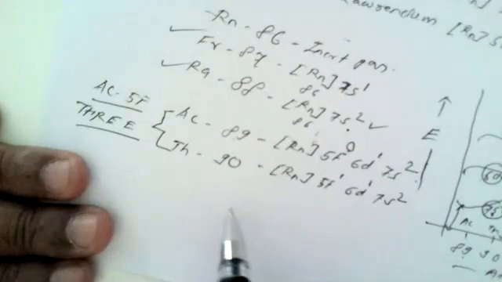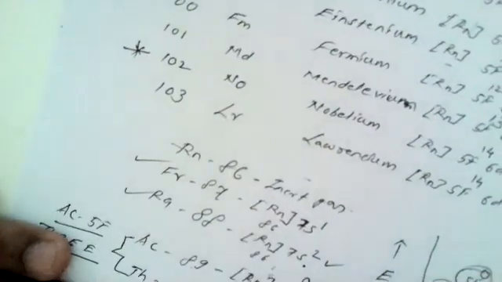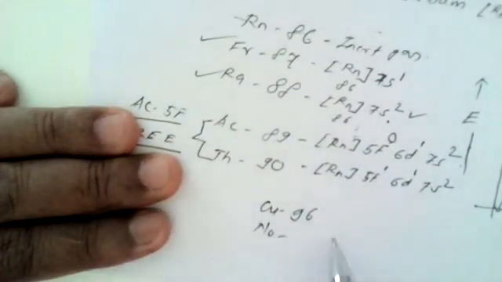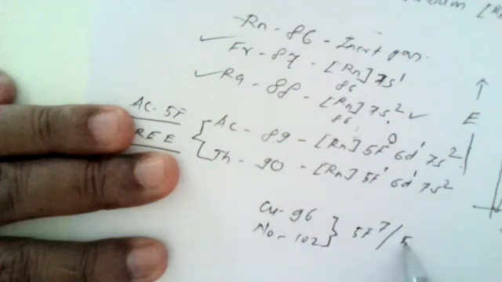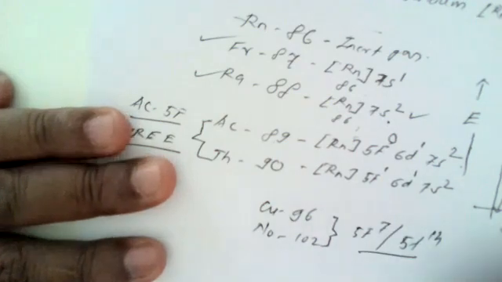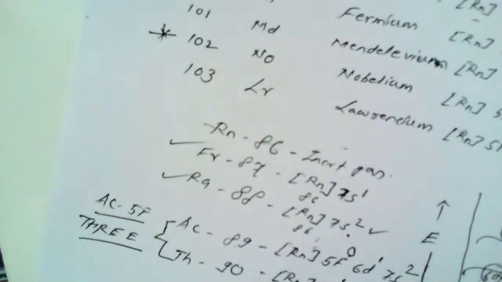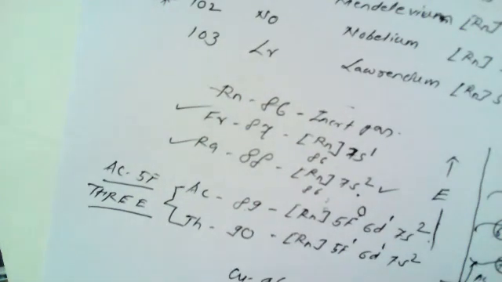So the elements curium, having atomic number 96, and nobelium, having atomic number 102, are the two members that display 5f7 and 5f14 configurations respectively. So you have to write the electronic configuration like this only.